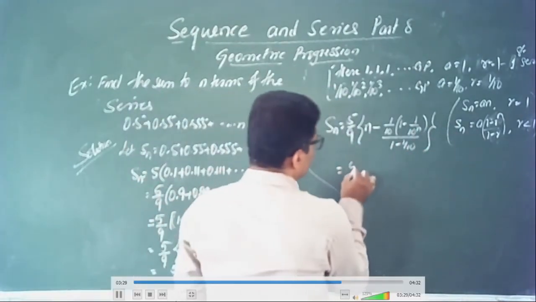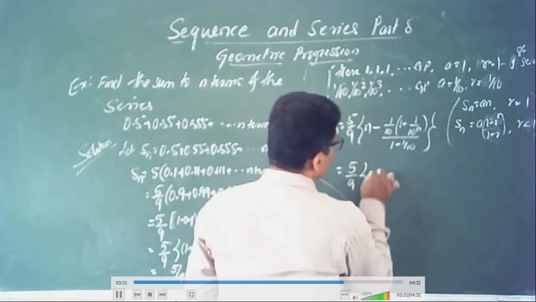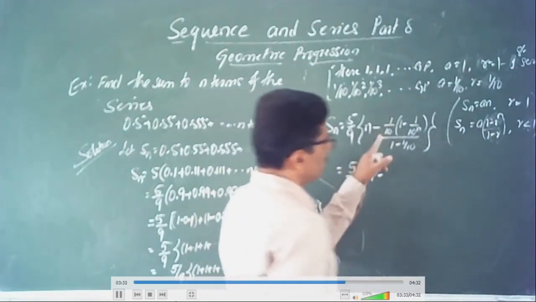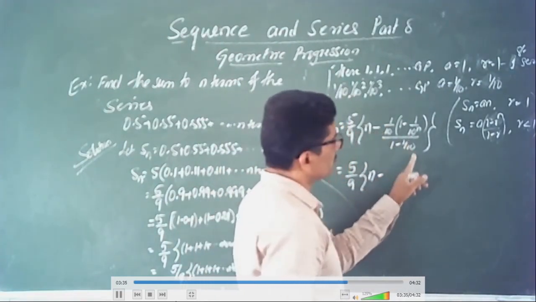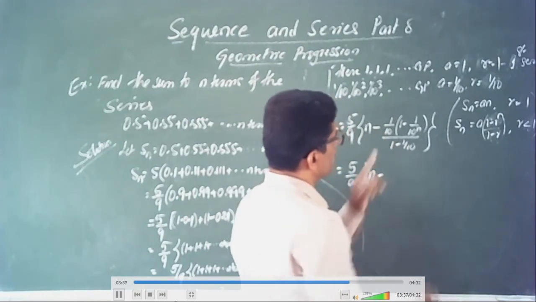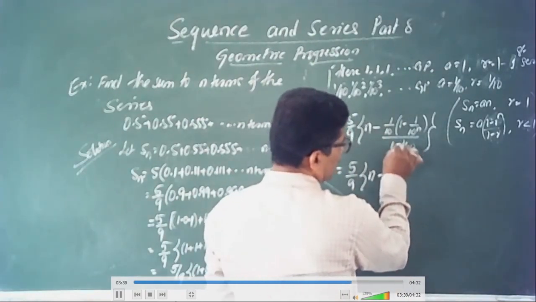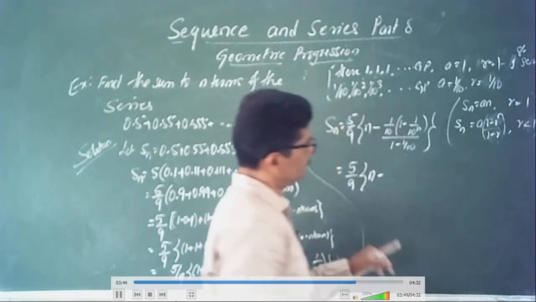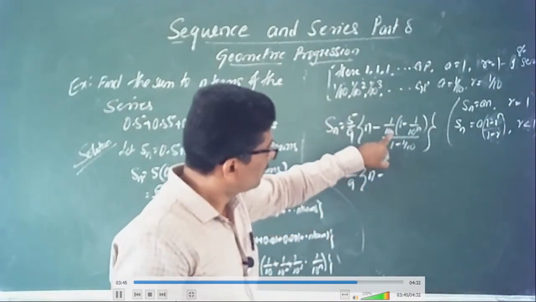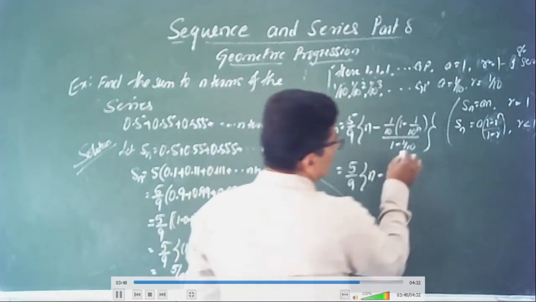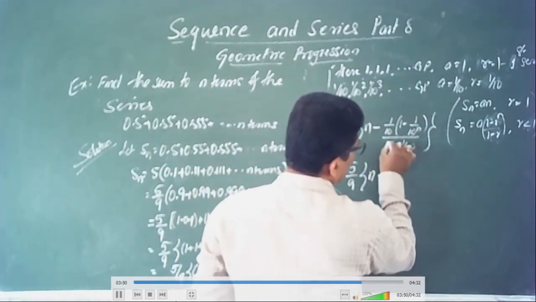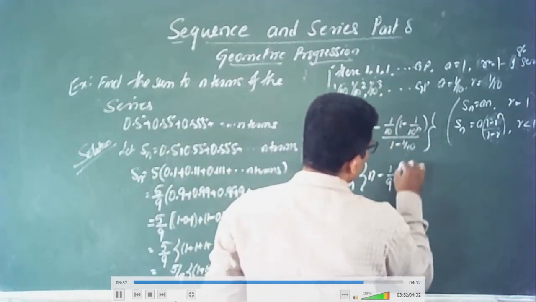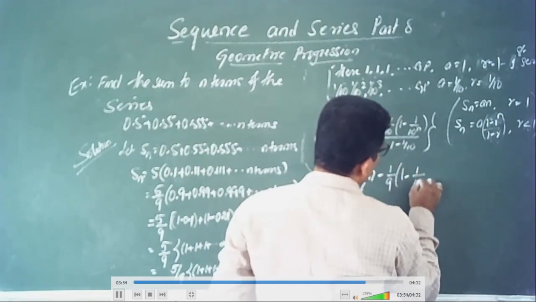Simplifying, 5 divided by 9 into n minus 1 by 10. Here also 1 minus 1 by 10 means 9 divided by 10, and its value is 1 by 9 into 1 minus 1 by 10 raised to n.